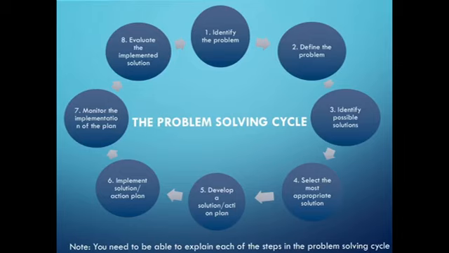Are we going to continue with the action plan that we have identified? Are we going to adapt it slightly? Or in the worst case scenario where the problem wasn't solved at all, we need to cancel that plan that we have devised and start the process all over again by looking at the problem again and going through each of the various steps again.